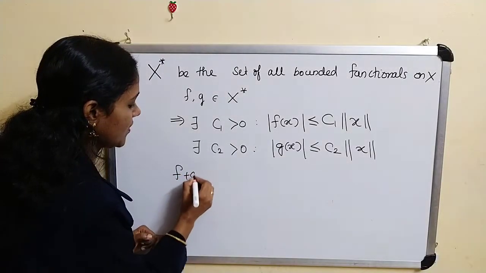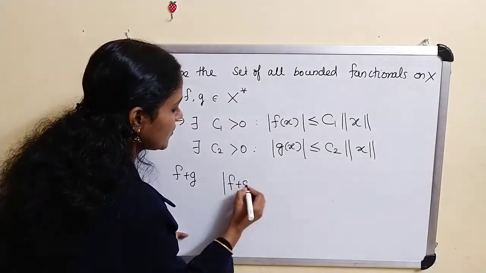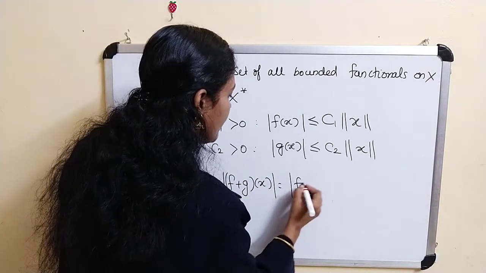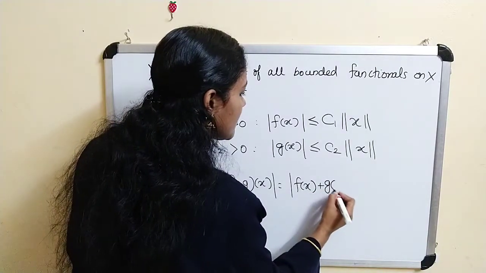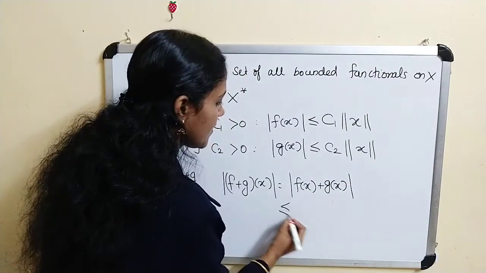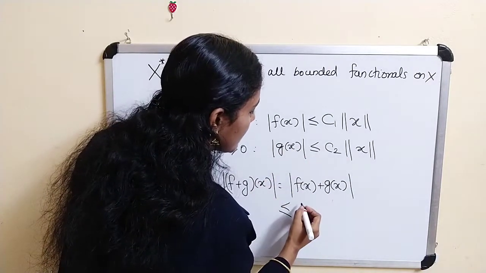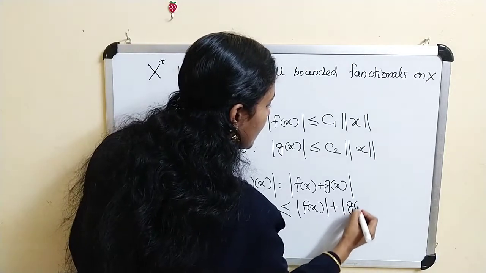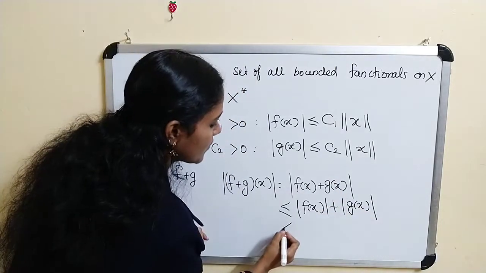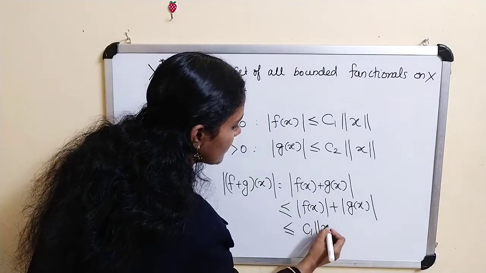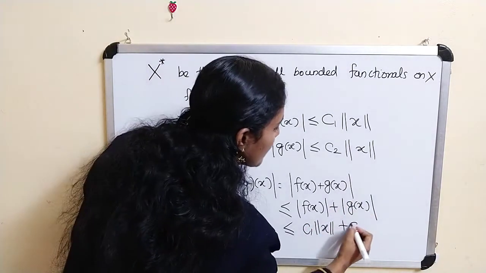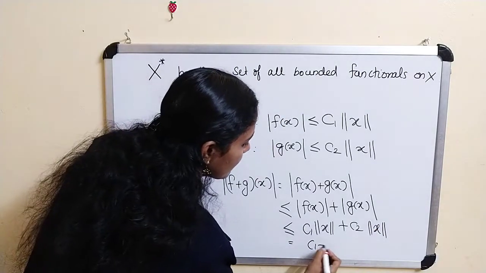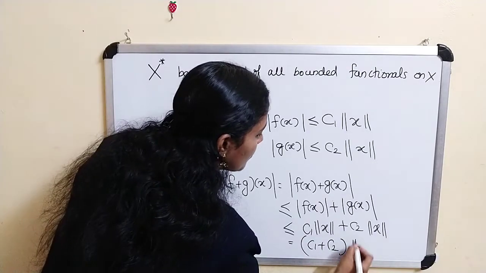Now what about f plus g? Consider f plus g. Modulus of (f plus g) of x is equal to modulus of f of x plus g of x, and this is less than or equal to mod f of x plus mod g of x, by the triangle inequality. This is less than or equal to c1 norm of x plus c2 norm of x, which equals (c1 plus c2) norm of x.